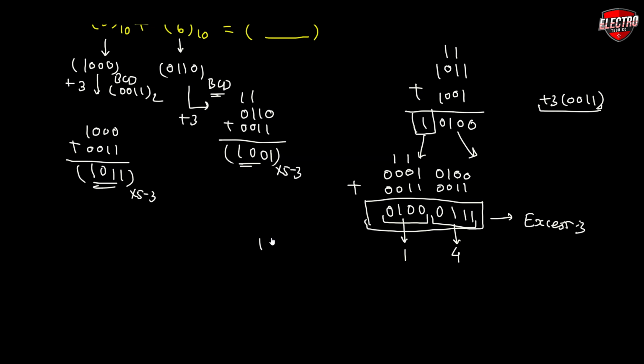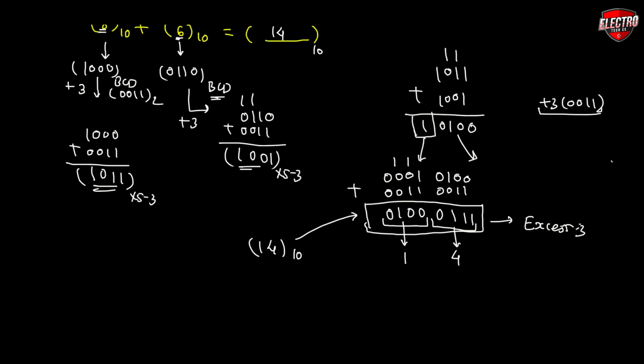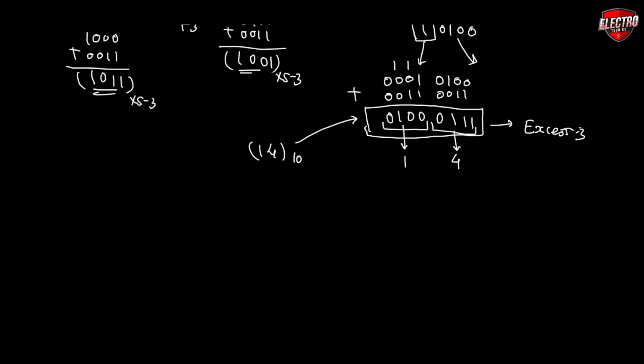Okay, so 14, that is one decimal number, and the Excess-3 code for 14 is given over here. Now if we add both these decimal numbers 8 plus 6, then we get 14 in the decimal number system. Okay, that is the final answer for the given sum.